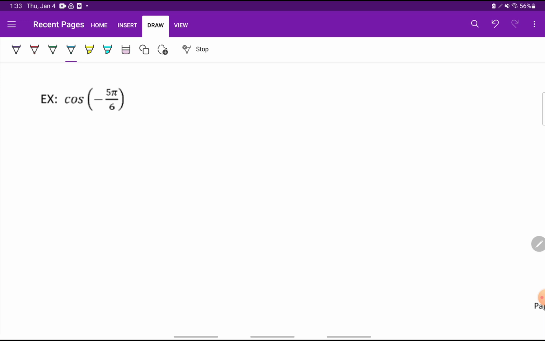Next, we want to find cosine of negative 5 pi over 6. I'll start by converting this to degrees, multiplying by 180 over pi. It's going to be negative 150 degrees.